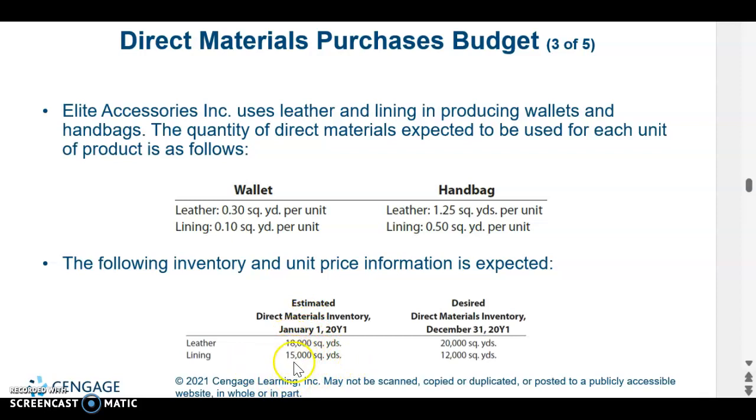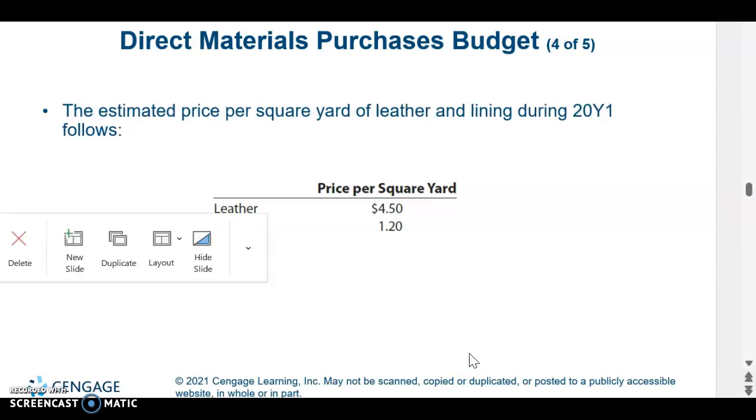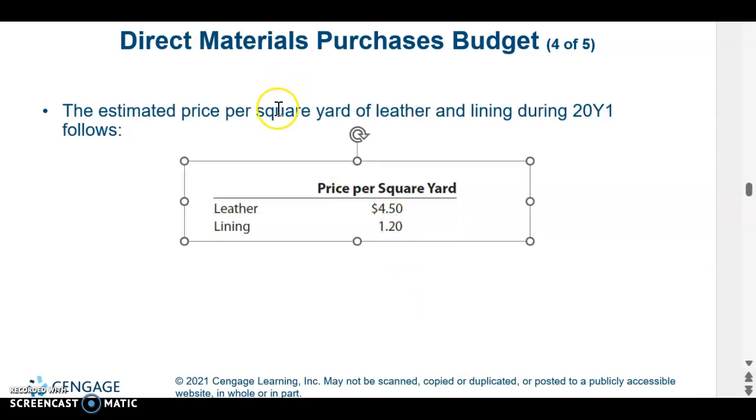So this is the estimated materials inventory we have for leather and the amount that we have for liner. And over here is our desired direct materials ending inventory. This is our estimated beginning inventory and this is our desired ending inventory. In other words, this is the amount we want to have at the end sitting in our inventory. The estimated price per square yard of leather and lining are these amounts: $4.50 for leather, $1.20 for lining.